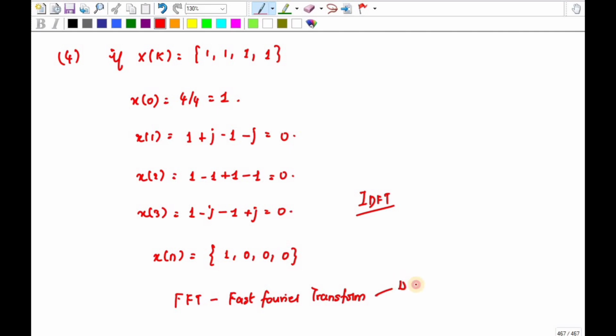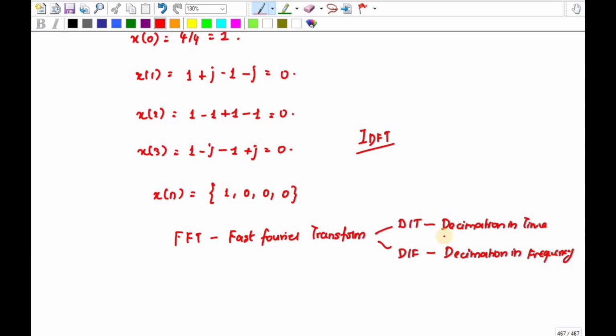One is DIT, decimation in time, and another one is DIF, decimation in frequency. So here also I have two ways to solve this problem. Here also you have 4-point FFT and 8-point FFT. They call this the butterfly diagram.